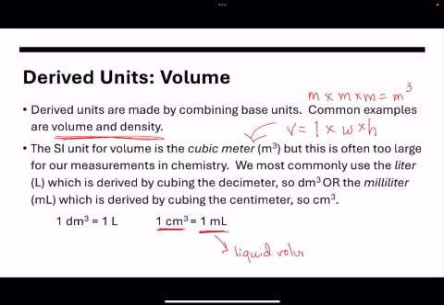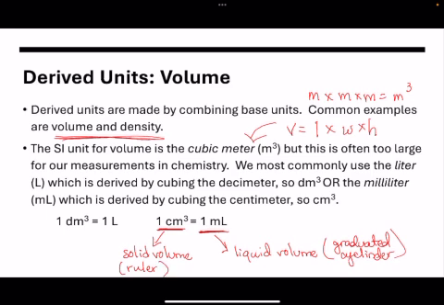That's commonly what we use because if we were using a graduated cylinder, it's going to be recorded in milliliters. And then the cubic centimeter is often what we're using if we're talking about a solid volume, where we would be using something like a ruler that would measure in centimeters. But you can see that this is a 1-to-1 ratio, that 1 cubic centimeter is equal to 1 milliliter.